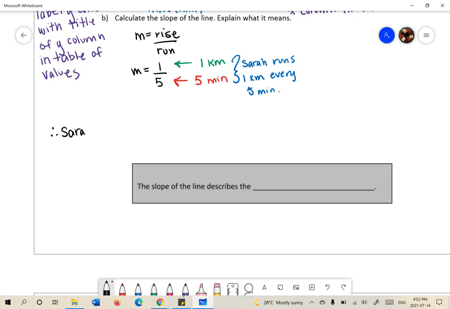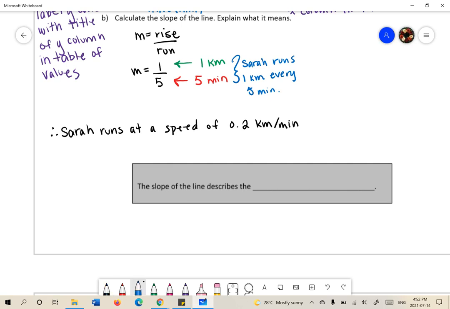Sarah runs at a speed of 0.2, and now including my unit rate, which is both of the units in the question, my numerator and denominator units together, kilometers per minute.